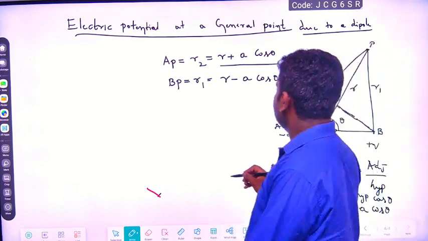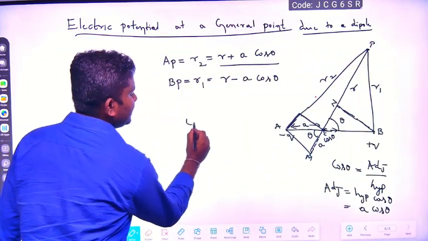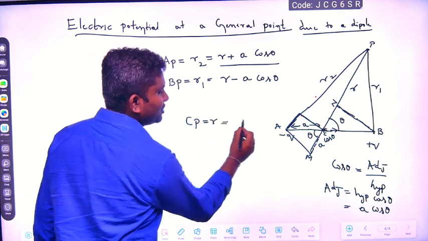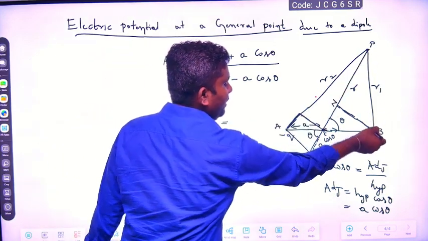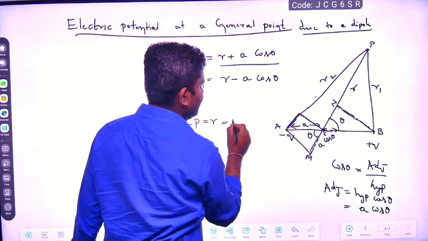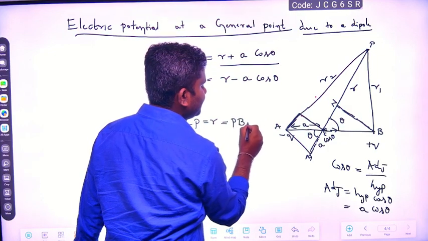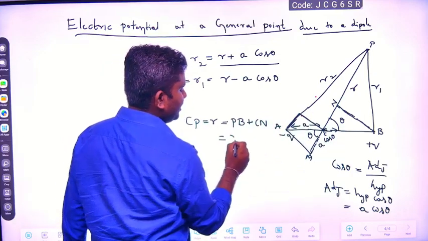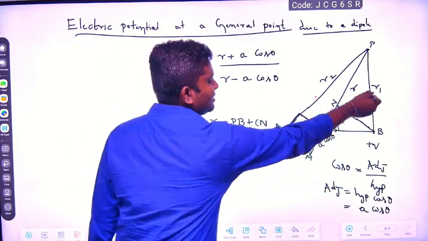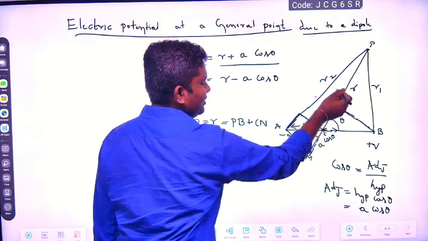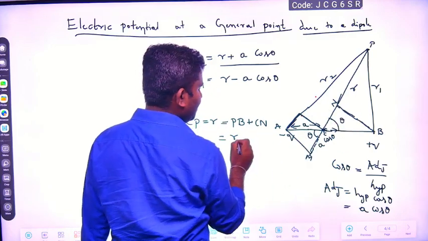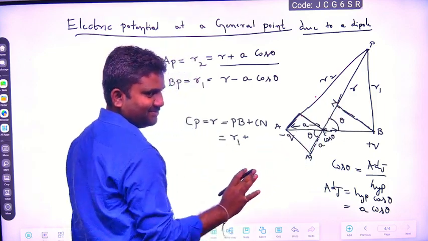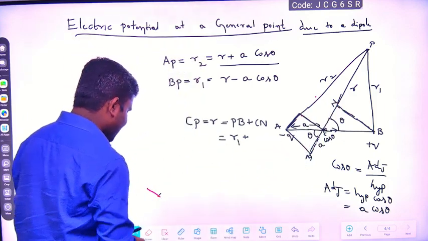Cp is equals to, which is R, which is equals to Pb plus Cn. Okay, Pb plus Cn. That's why Pb is how much? R1. Correct? Pb is always equal to Np also. So R1 plus Cn is how much? A cos theta. Correct? In another way also you can write.